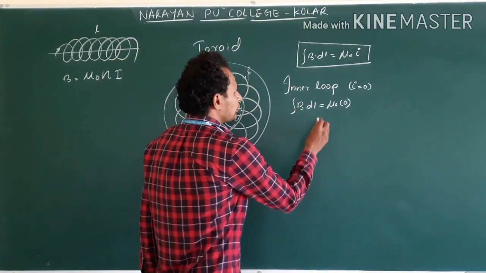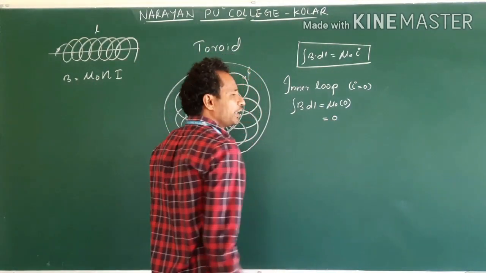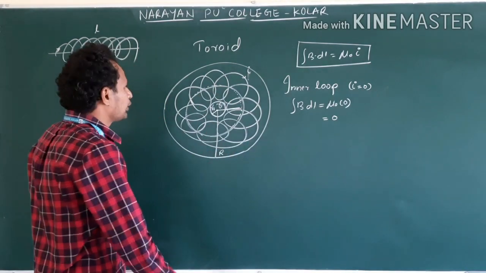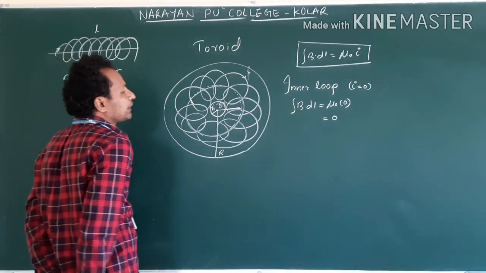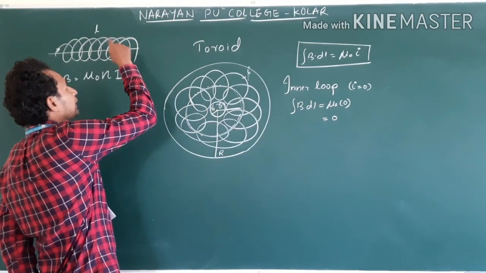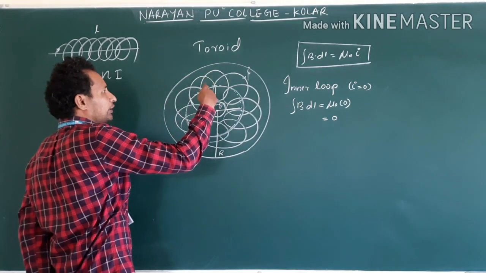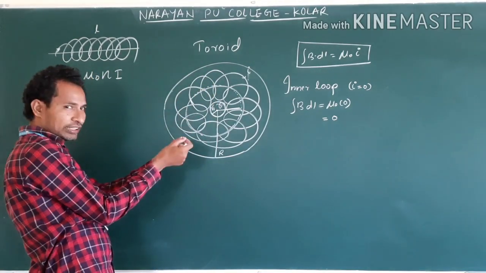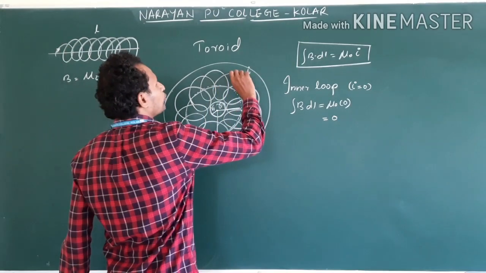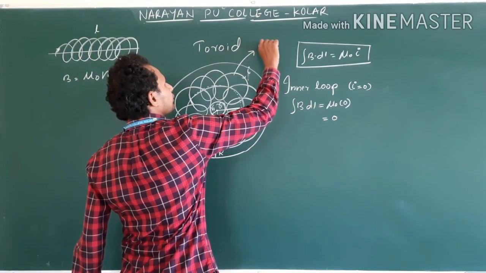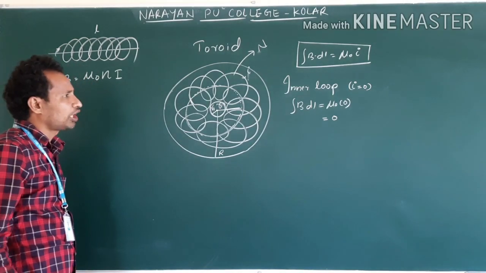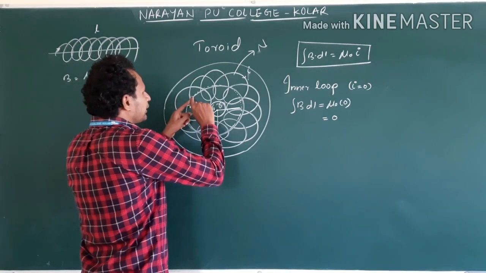Clear? So the answer is, there is no field in this loop. And one more thing to consider, the number of turns, whatever may be there in the solenoid or toroid. We bent the solenoid into a circular shape. Clear? So I am taking the total number of turns as capital N.